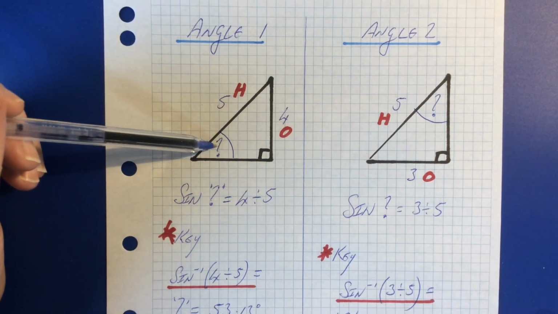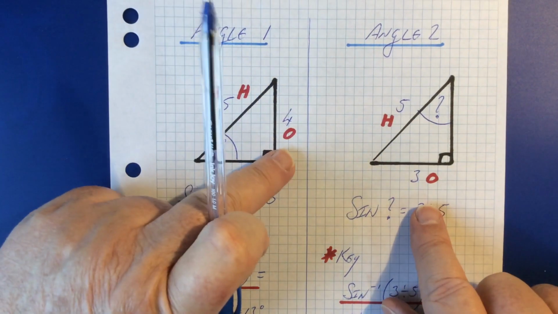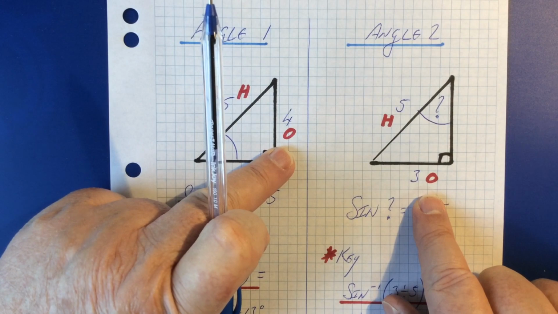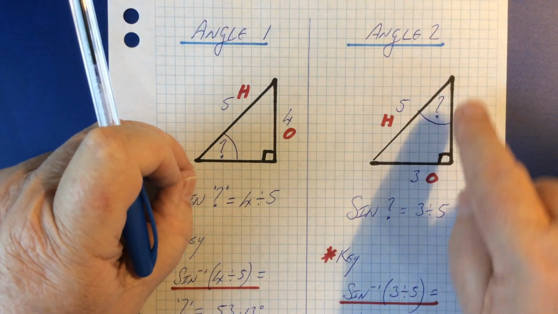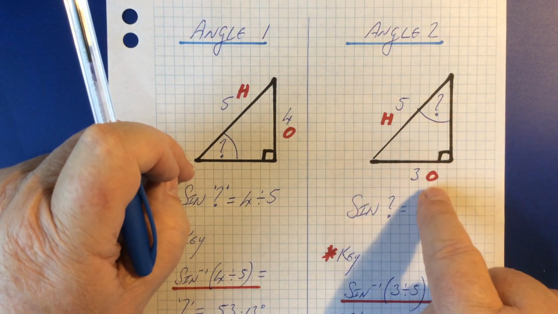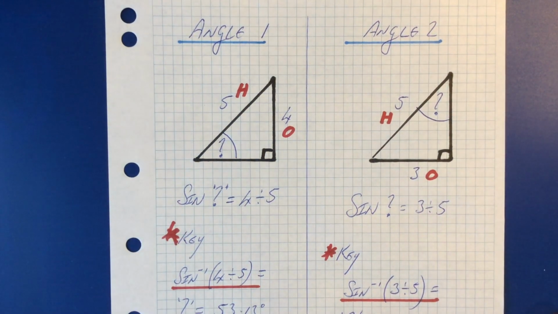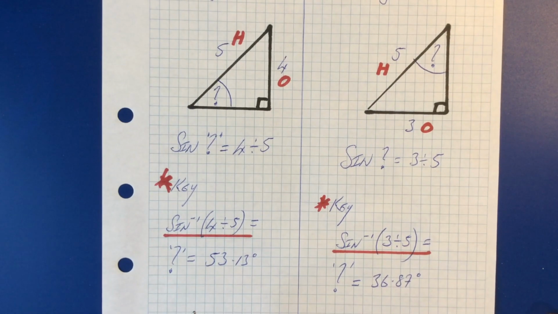As a result of looking for this angle and this angle, you will note that the opposite side moves. That's the point here. The opposite side moves from here to here when we put our angle there. Otherwise, the calculation is very, very straightforward.